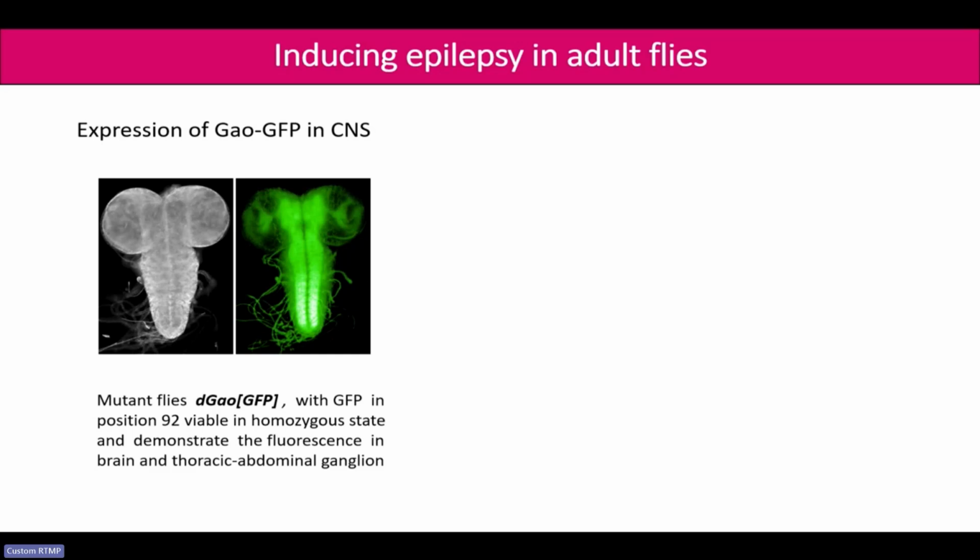And so the idea was to make some conditional knockout. When we have a fly heterozygote with a mutation against wild type, if we can destroy the wild allele, it should give a stronger phenotype.